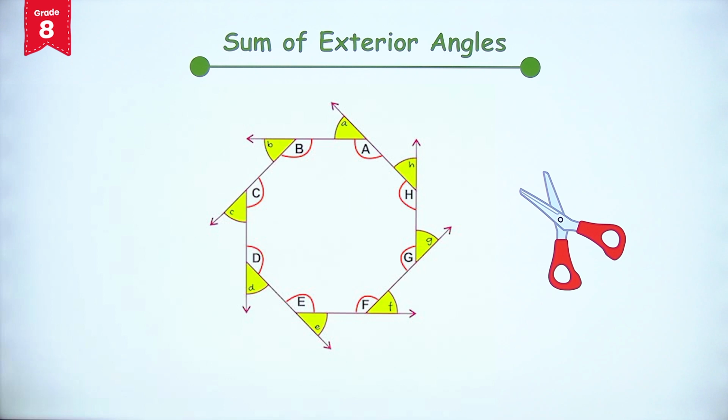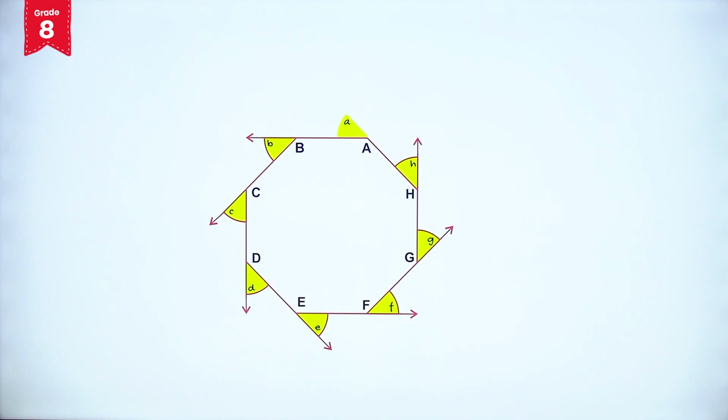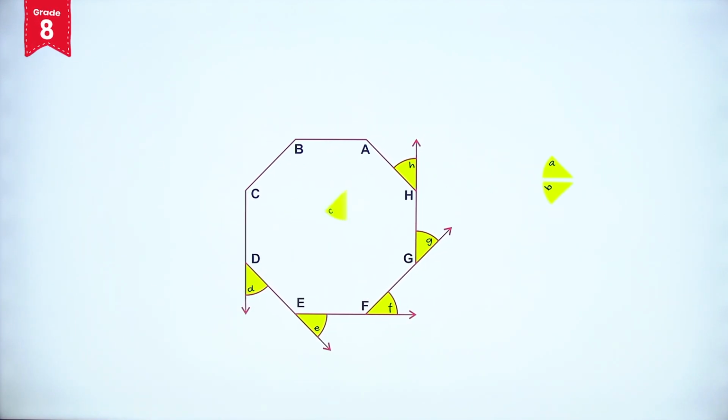Now use a pair of scissors to carefully cut out the yellow colored part of each exterior angle and place them one by one on a table. Arrange the cut pieces to form a circle.